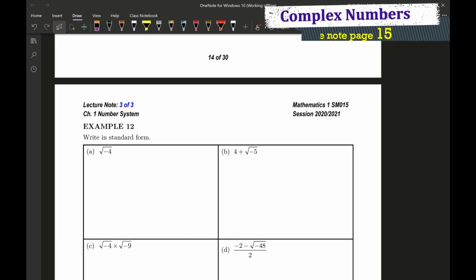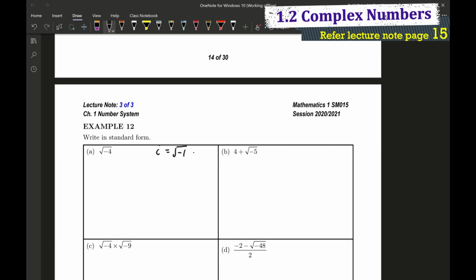But it is important for us to know that before this, we are going through this definition whereby i is equal to square root of negative 1. From our definition from the previous page, i is equal to square root of negative 1.